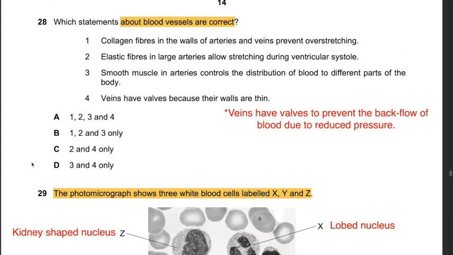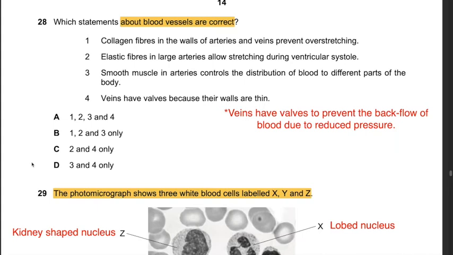Question 28. Which statements about blood vessels are correct? 1. Collagen fibers in the walls of arteries and veins prevent overstretching. 2. Elastic fibers in large arteries allow stretching during ventricular systole. 3. Smooth muscle in arteries controls the distribution of blood to different parts of the body. 4. Veins have valves because their walls are thin.